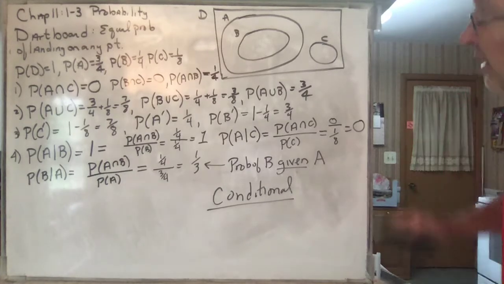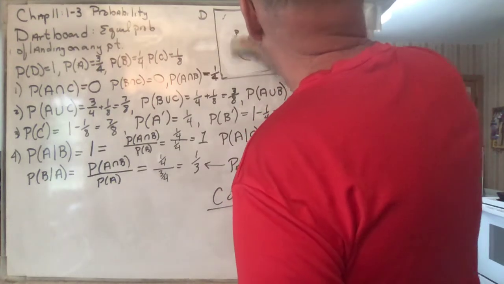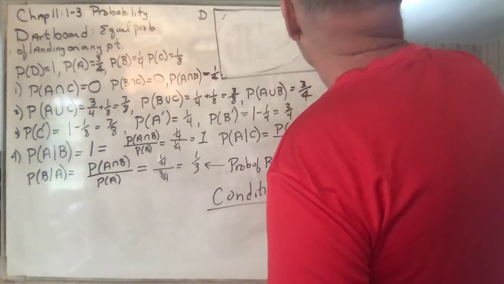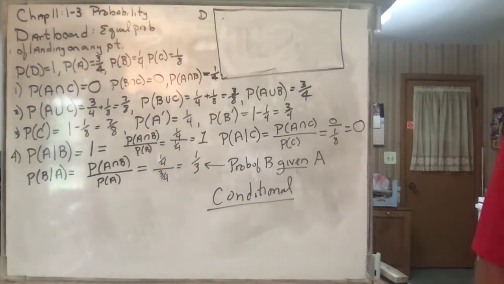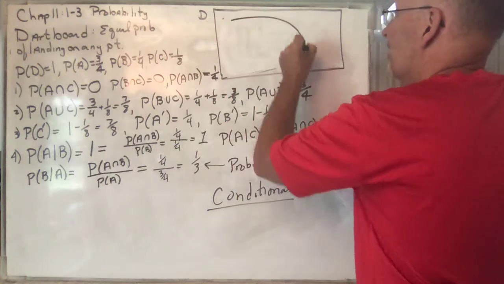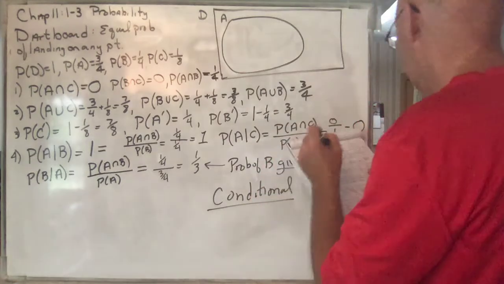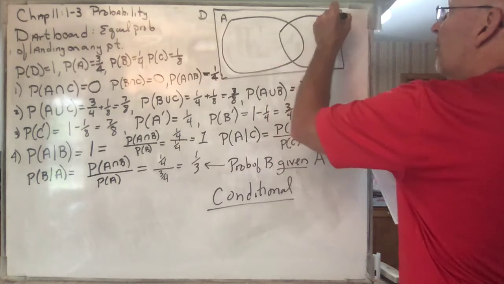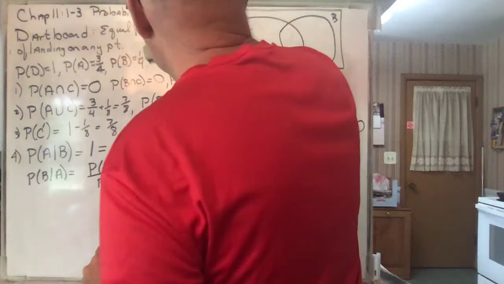Okay, so let's do another example, another set with a different A, B, and C. Or maybe I think we'll just choose A and B this time. Okay, here's my diagram. A is going to look like this. And B is going to look like this. Okay, so now the problem, we don't have any C anymore.